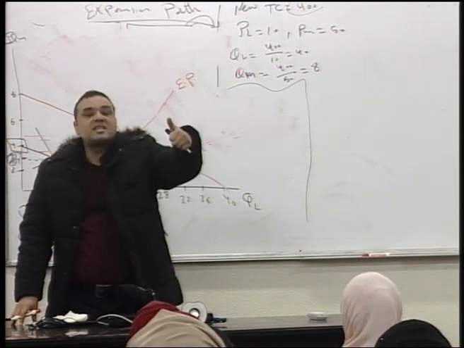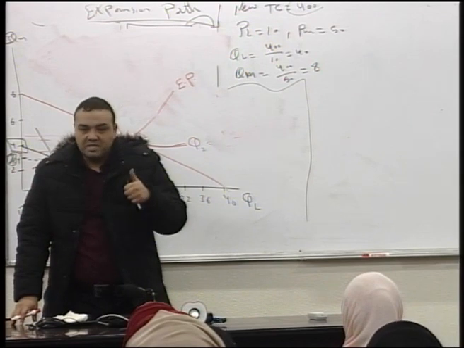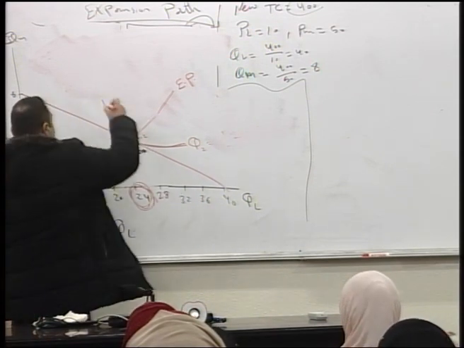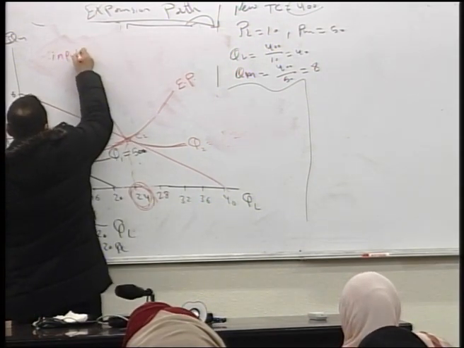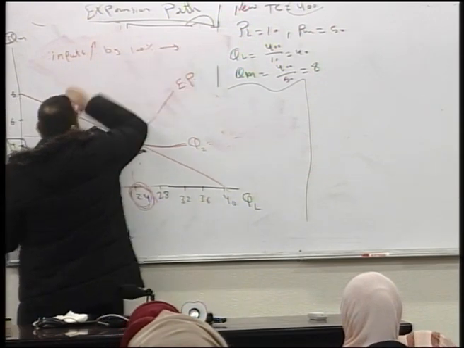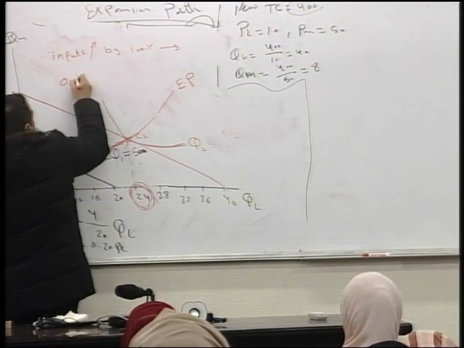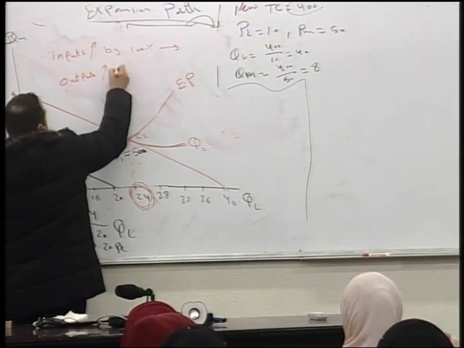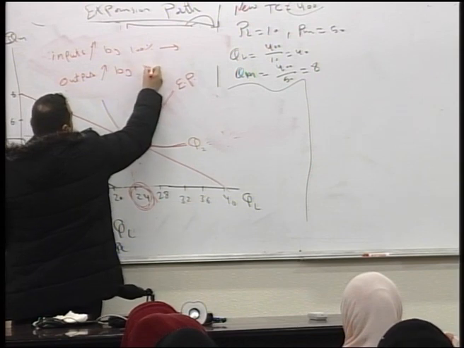Okay? Good expansion. The expansion here is good, which means inputs increased by 100%, which is the cost, and outputs increased by more than 100%.